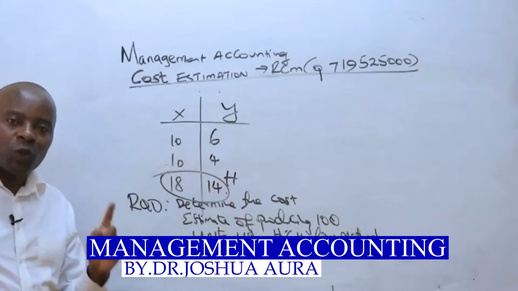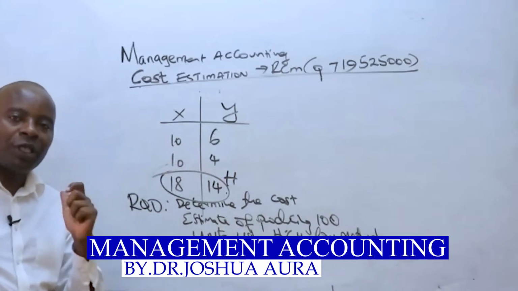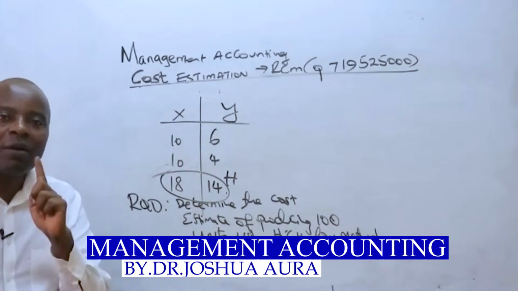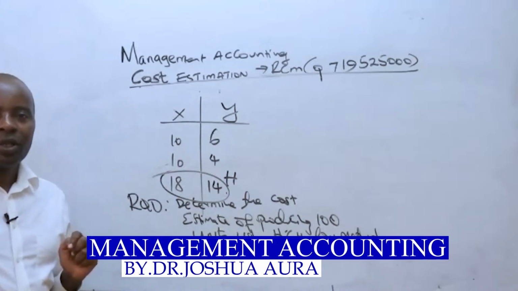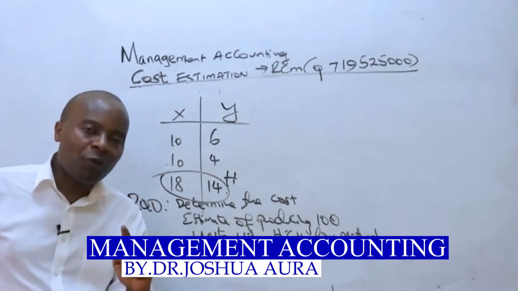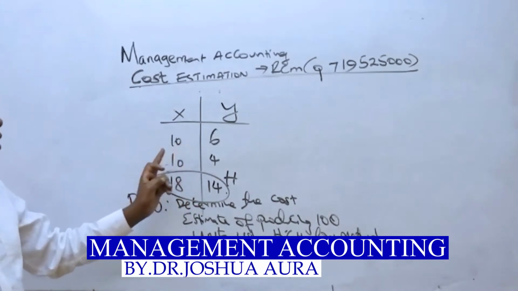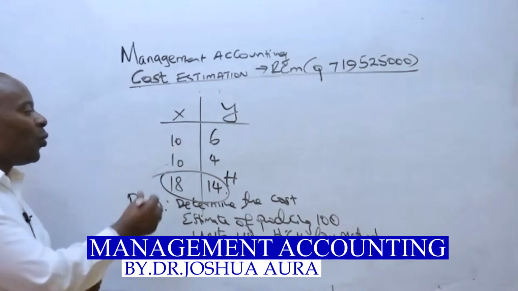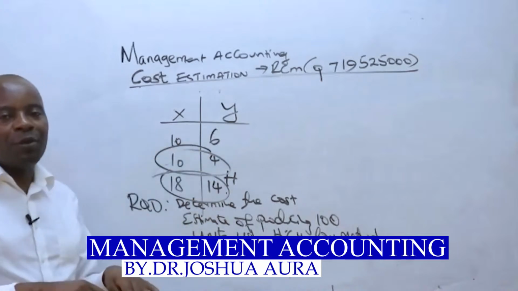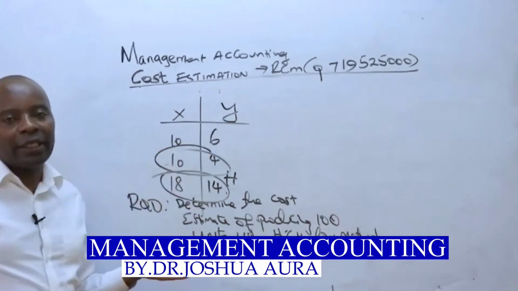So now between the two, what will I do? Because both of them are lowest. So between the two, the tie breaker. Because I'm looking for the lowest, the tiebreaker here will be for me to look for the lowest of the very lowest. So then do I work with 10 with a 6 or 10 with a 4? I would rather work with 10 with a 4, because that is much lower than 10 with a 6, like that.